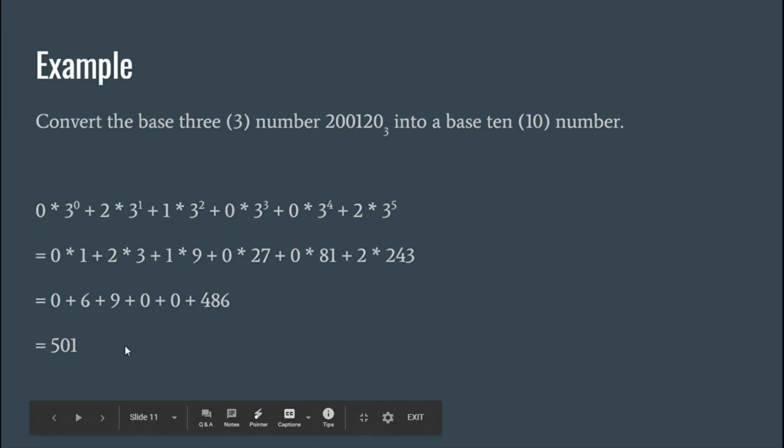You can use this as a reference when you're changing back into a base 10 number, and it works for all different bases. If you were in base 6, for example, these would all be 6s instead of 3s. The exponents would still be the same. They'll be increasing by 1 each time for each digit.